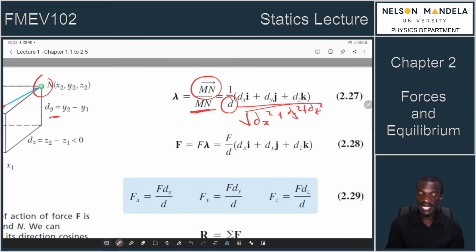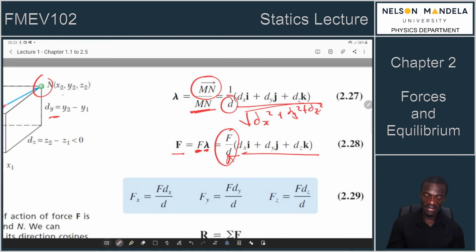So basically now it means you can define the force F in the direction lambda as F with a magnitude F and a unit direction lambda. Now you can substitute your lambda. So this is your F and this is your magnitude, and then you substitute the direction. This then defines your ratios.